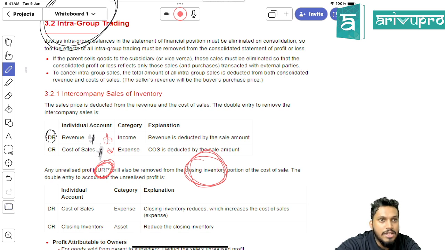So if you see this in your questions, you yourself should say, I need to calculate unrealized profits. You got it? So don't forget that. That's very important. So now when you are calculating your unrealized profits, you need to increase your cost of sales: debit your cost of sales, and credit your inventory. So that's the double entry for that.